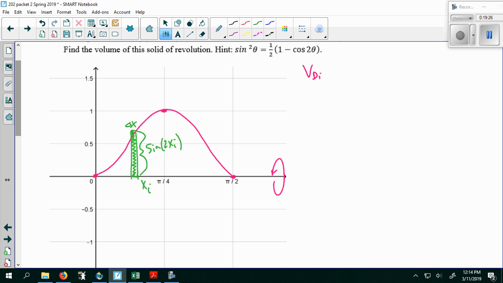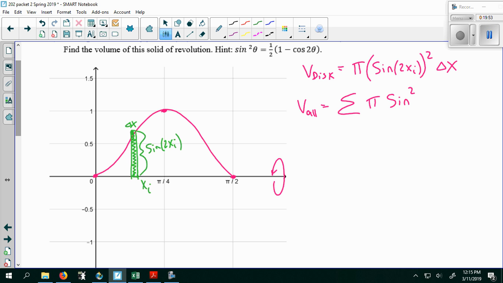So the volume of my disk is pi times the radius of the disk, which is sine of 2x_i squared, pi r squared, times the thickness, delta x. So for the volume of all the disks, I'm just going to add up all the disks that have this same volume formula.